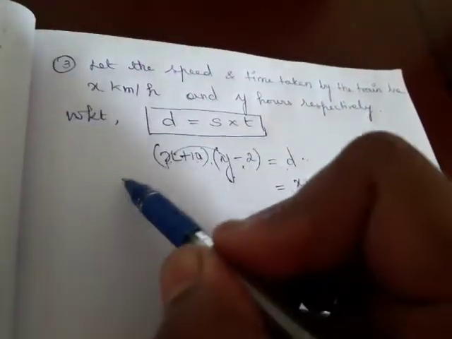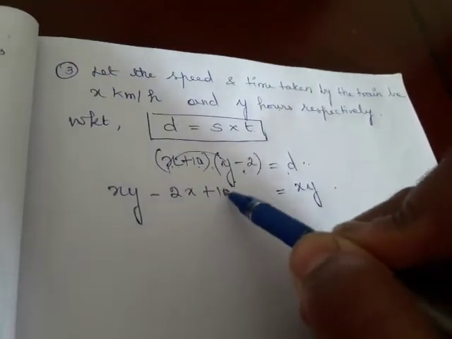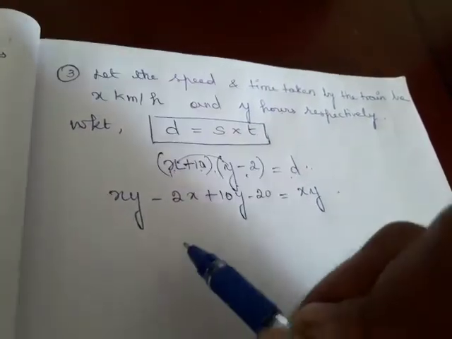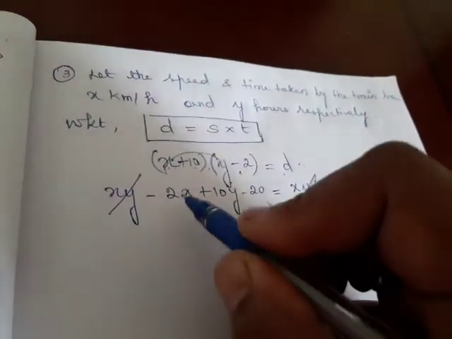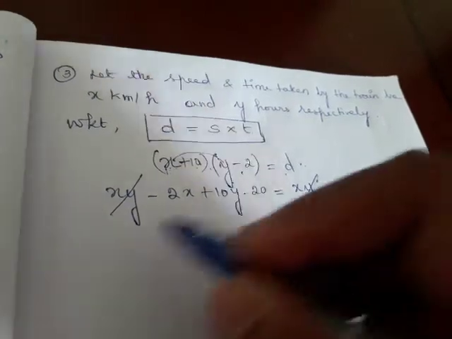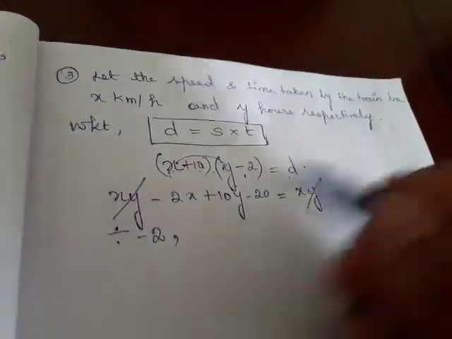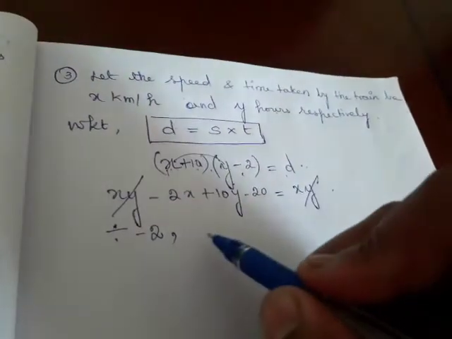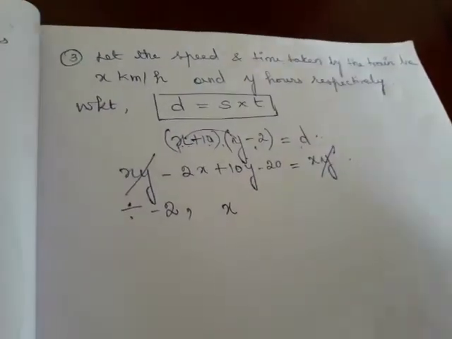x into y is xy, minus 2x plus 10y minus 20. So plus xy will get cancelled. So minus 2x plus 10y minus 20. We can divide it by minus 2 if you want, or plus 2. So I am dividing it by minus 2. So this will become x. When you are using minus, kindly be cautious.